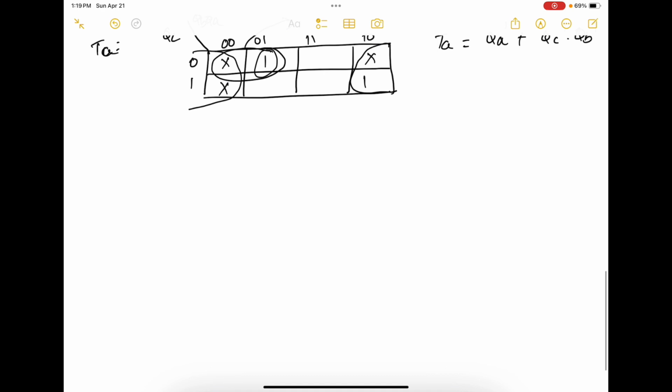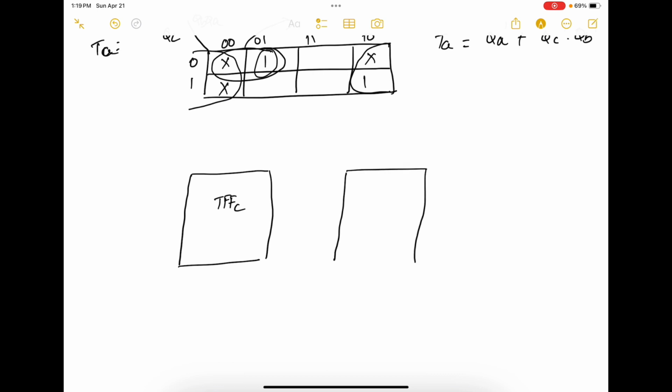So your overall circuit should look as follows. This is T flip-flop C, T flip-flop B, T flip-flop A. Each of them has a clock.